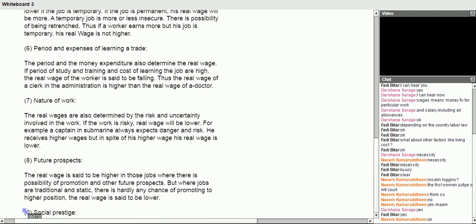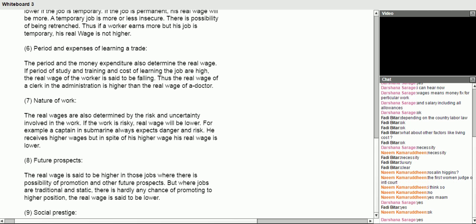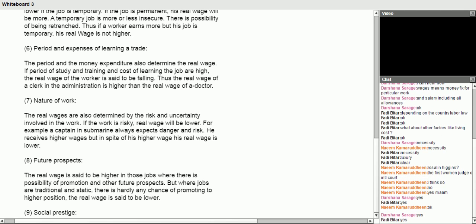Okay, that's a lot of money, but their real wage is very low because they can be subjected to any uncertainty. Are you getting it? Everyone?